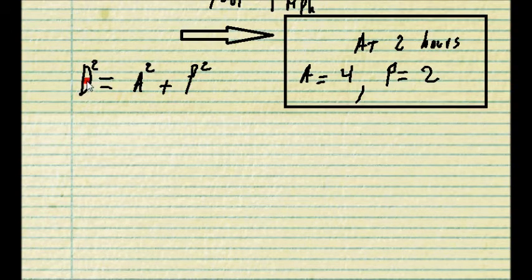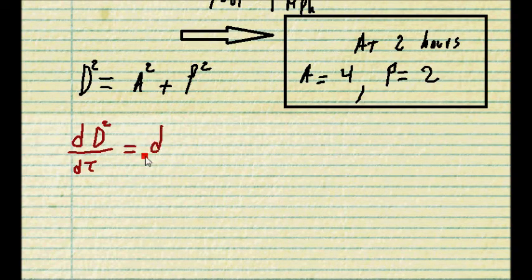So I'm going to take the derivative of this expression with respect to time. Let me do this in burgundy. We have d/dt of D squared equals d/dt of A squared plus P squared.